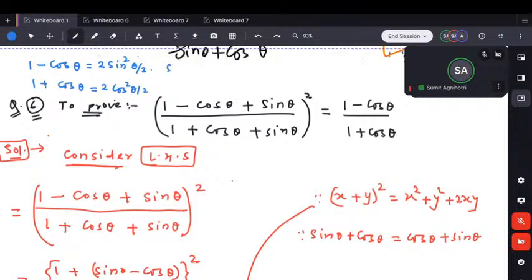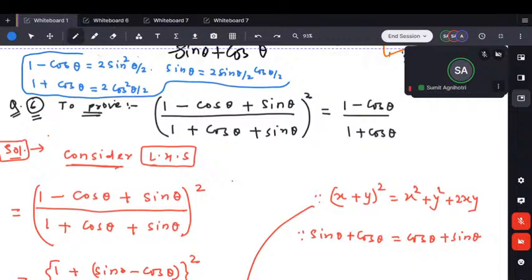But I will not suggest to use that. Sin theta is also 2 sin theta by 2 cos theta by 2. And by putting this, we will be able to get answers easily. But we are not supposed to use them for your level. That's why we will approach only those steps that we are supposed to implement in our level of standard.